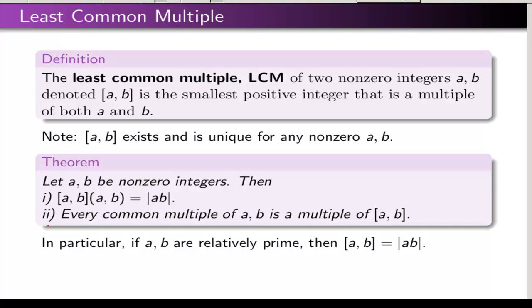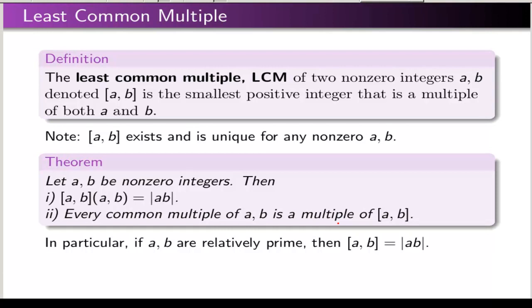And part 2, every common multiple of A and B is a multiple of the least common multiple. So in particular, if A and B are relatively prime, then from the formula in part 1, the least common multiple is just the product of A and B in absolute value.